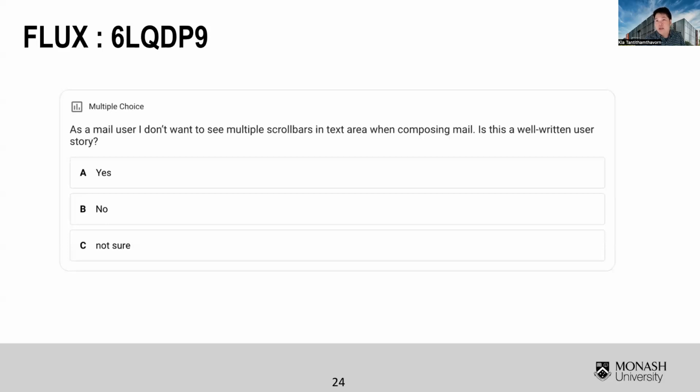So one feature can be associated with multiple user stories, and one user story may have more detailed implementation requirements, depending on the description of the implementation that is required.